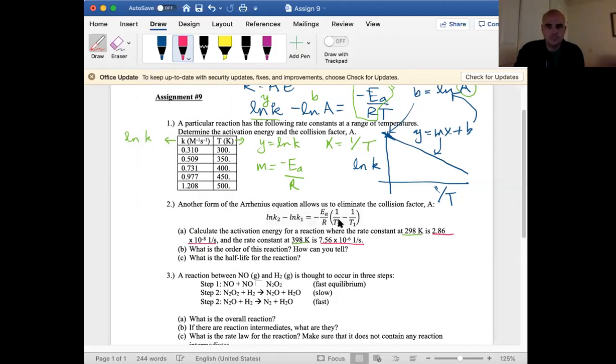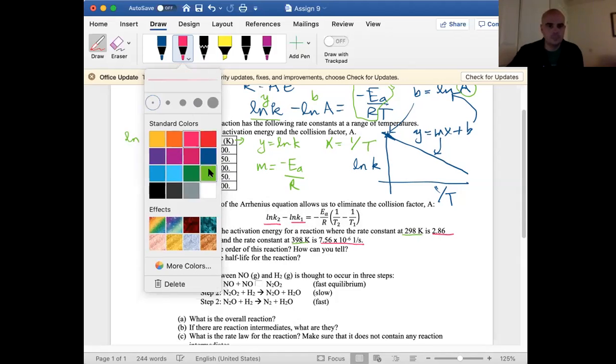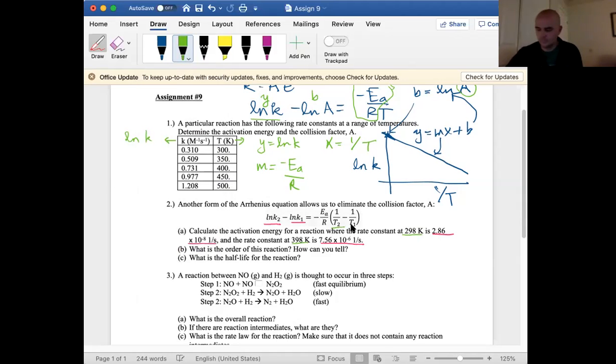And so those are these dudes and those dudes. R is the gas constant. So it really is just solve for the one unknown. So it's just an algebra problem at that point. Okay. And then the order. So you don't want us to graph to find the order on this one? No, you don't need to.